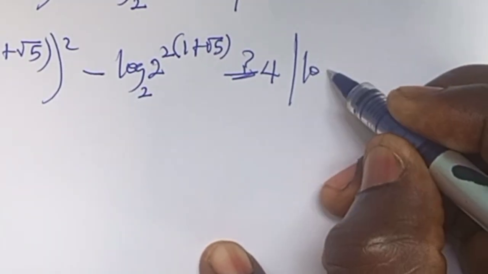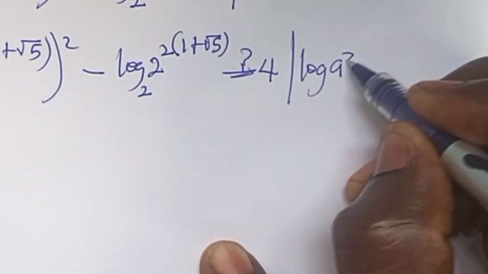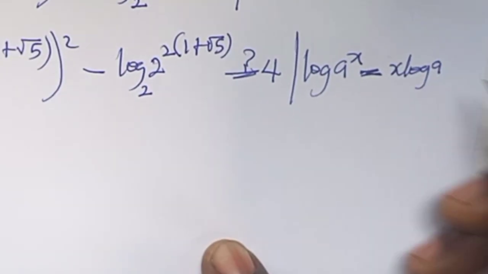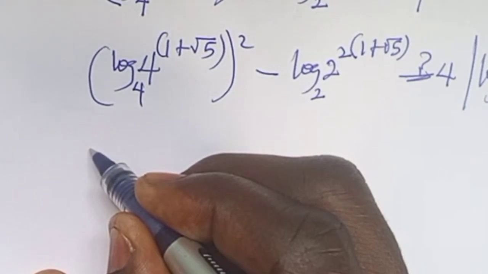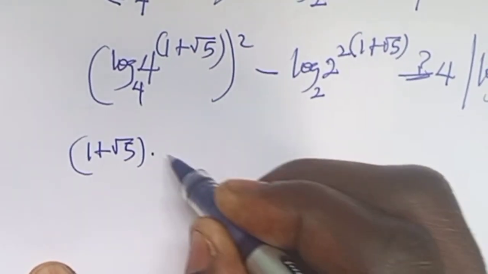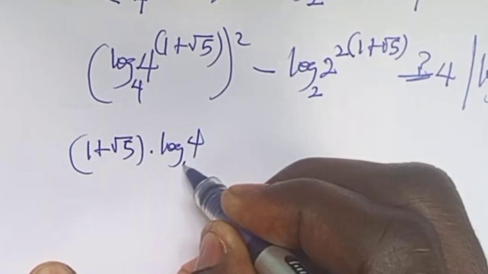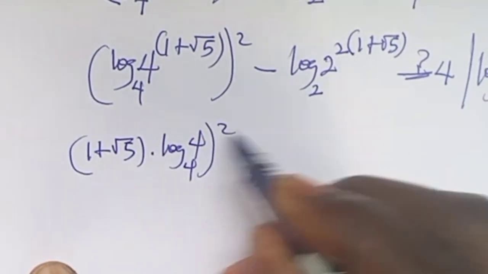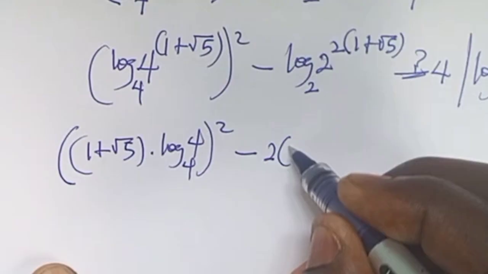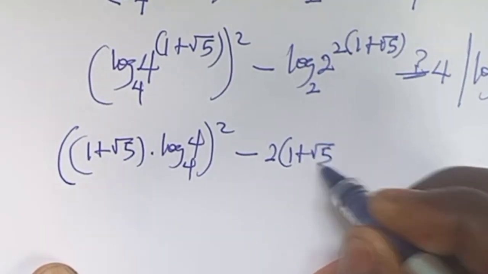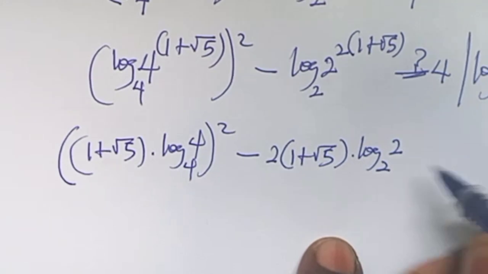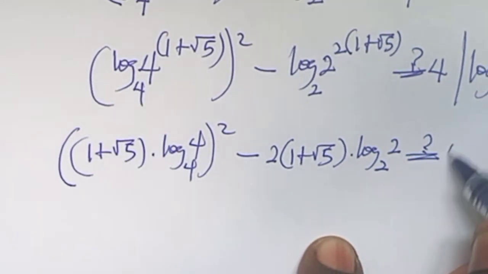But if we have log a to the power of x, it is the same thing as x log a. So 1 plus root 5 times log 4 base 4 all to the power of 2, don't forget, minus 2 into 1 plus root 5 times log 2 to base 2. We want to know if this is equal to 4.